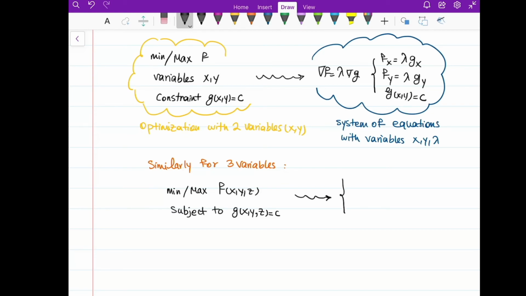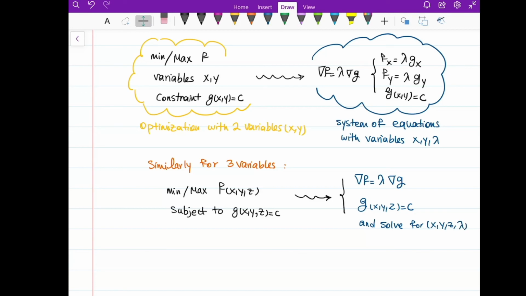Basically the same reasoning: I can write gradient of f is lambda gradient of g, and g of x, y, and z equals the constant c, and solve for the four variables x, y, z, and lambda.